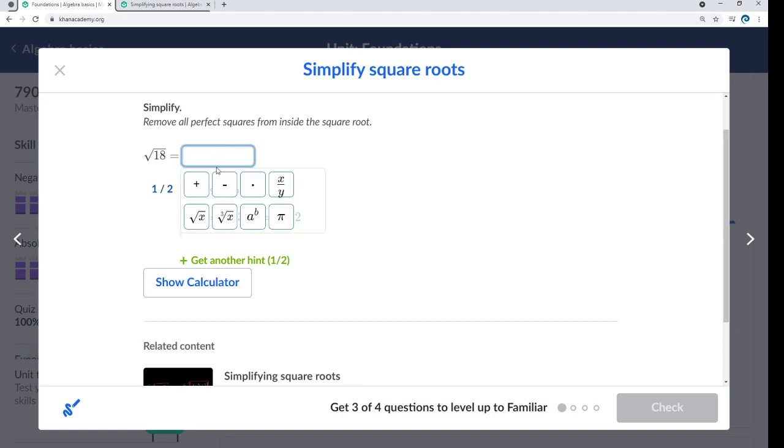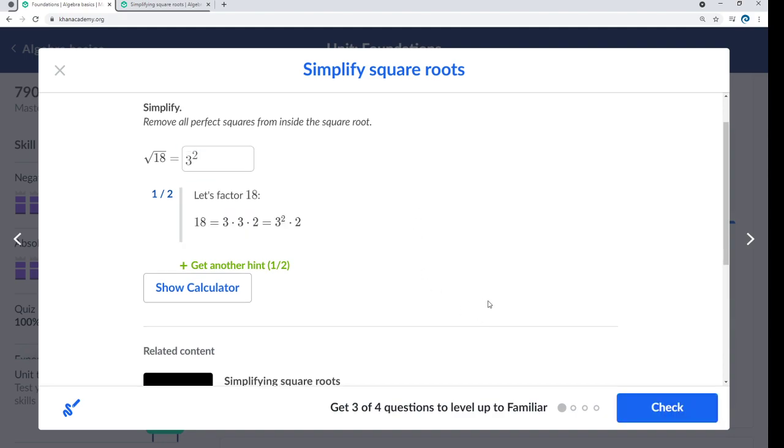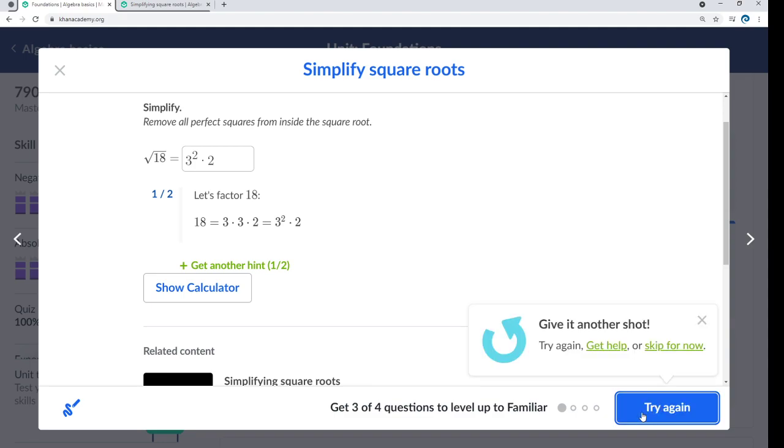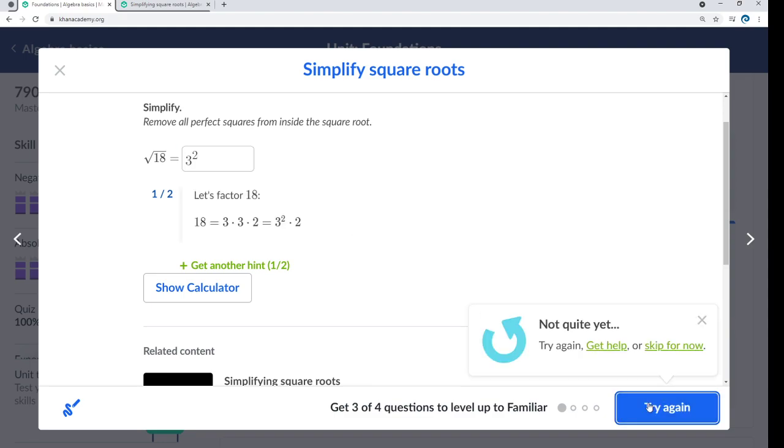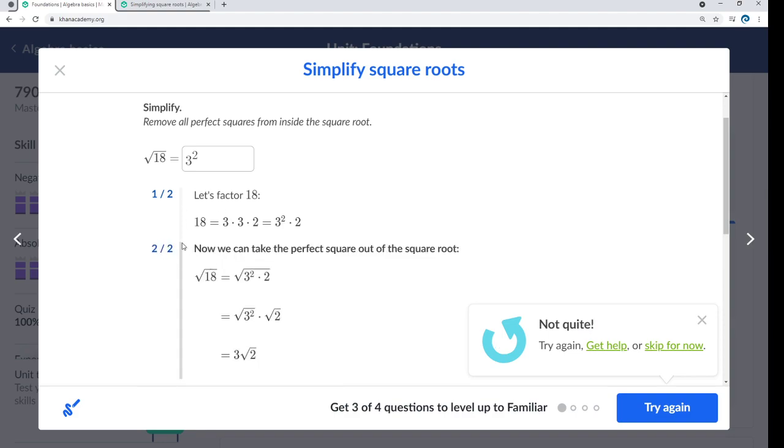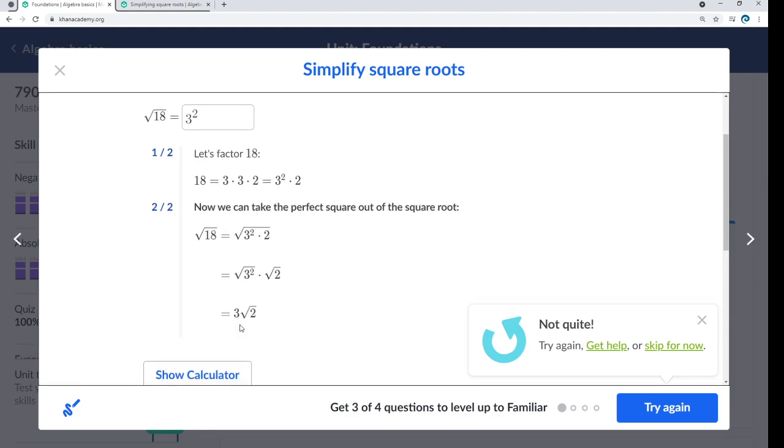So this is 3 to the second. Or do I have to do the times 2 as it says here? No. I guess maybe it just wants the perfect square. No? Give me another hint. Okay, got it. I didn't do it the full way.